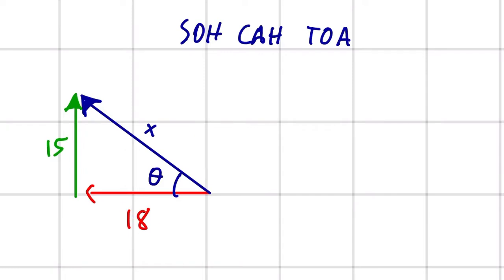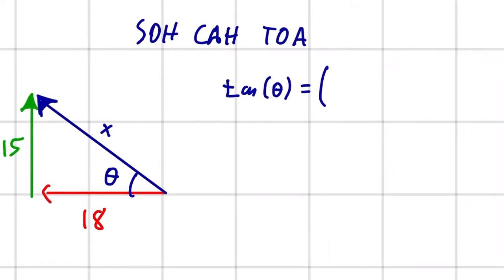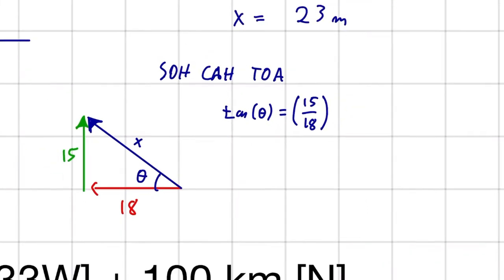If we're looking at a reference angle, the two sides that we know the values of are going to be the adjacent and the opposite. So we're going to be using tan. So that means the tan of theta is equal to opposite, that's this one, over adjacent. So the tan theta is equal to opposite, 15, over adjacent, 18.